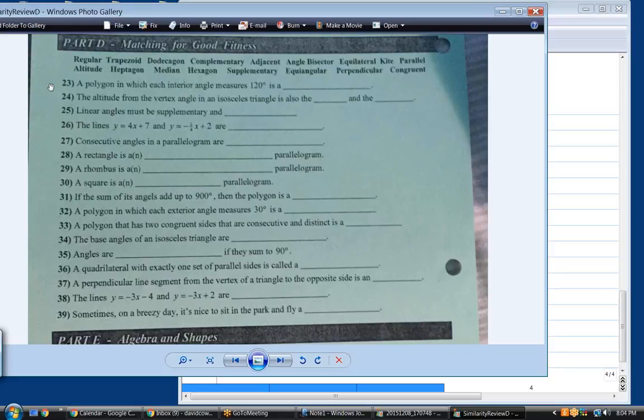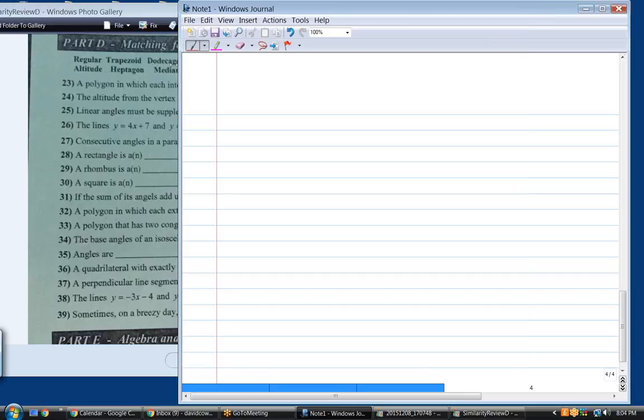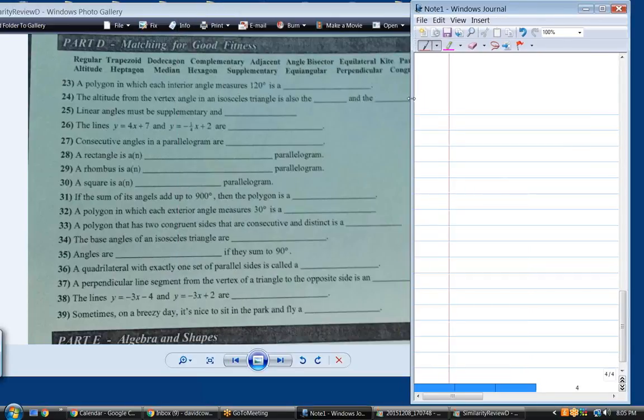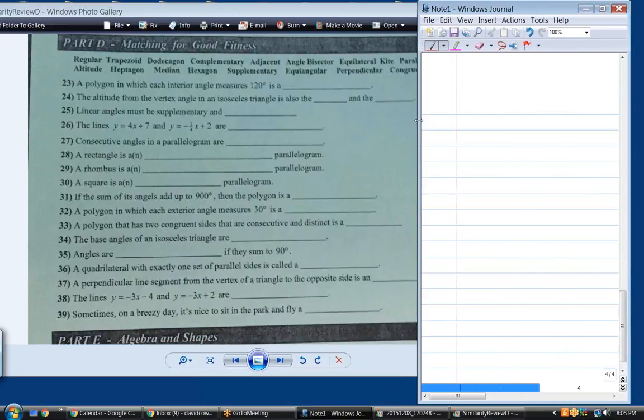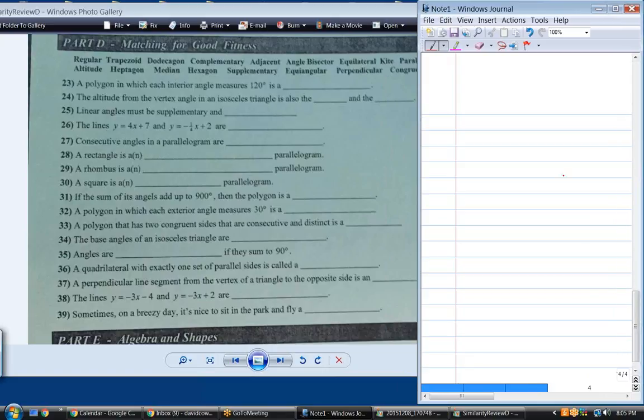23. A polygon which is interior angle measure is 120. Would it be a parallelogram? First of all, it's a polygon, which generally they're referring to something that has so many sides. Okay. And we know the interior angle.